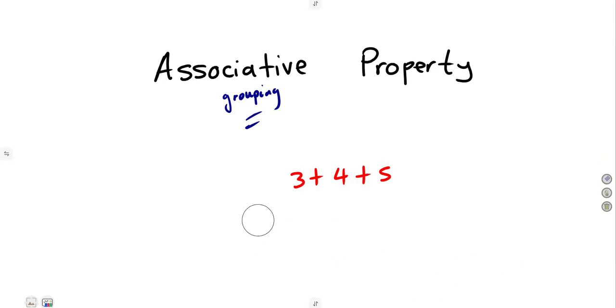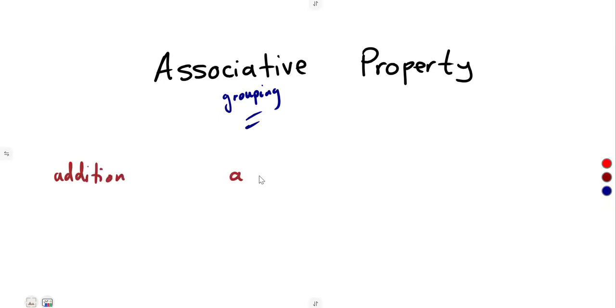So in actual sense, we can say that under addition, the associative property can be given as: if you are given A plus B plus C, with B and C in a bracket, rewriting this, it can be given in any manner. You can add A and B together, you can add A and C. It's up to you.